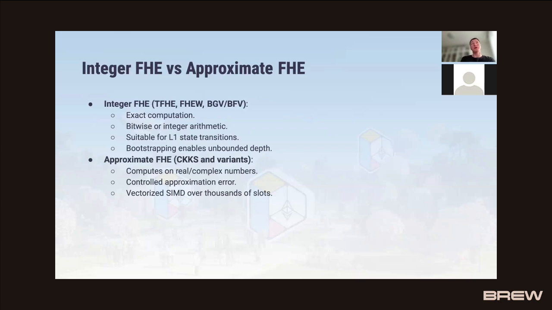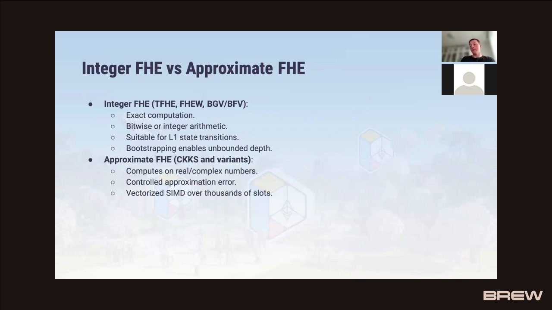So integer FHE is more suitable for exact computation, for bitwise and integer arithmetic. It's more suitable for EVM state transitions. And also, bootstrapping is done after every operation.